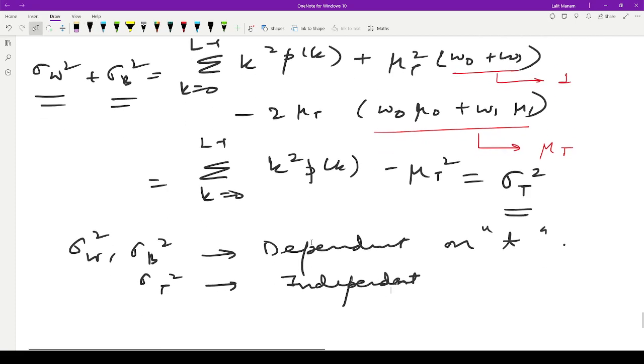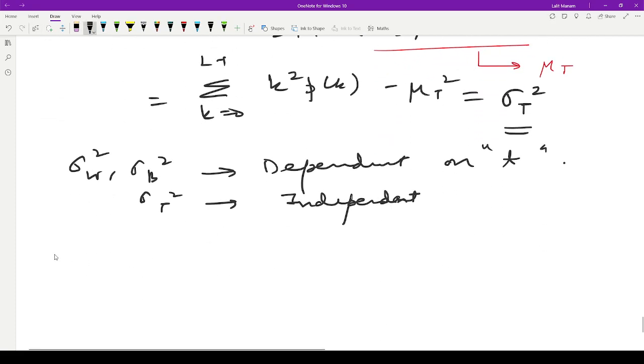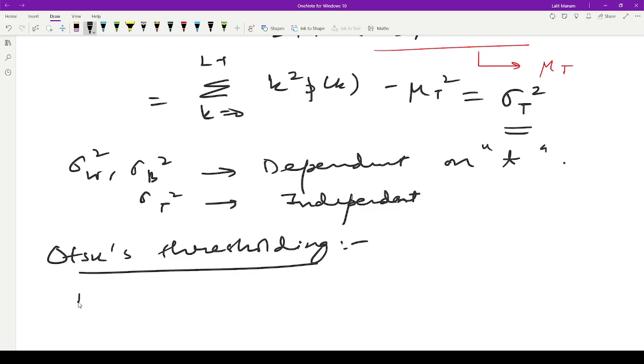So what was our initial question? It was Otsu's thresholding, which, if you remember in the class, we want to maximize over t, which varies from 0 to l minus 1, the between class variance, right?